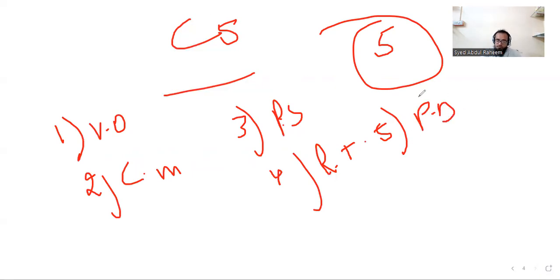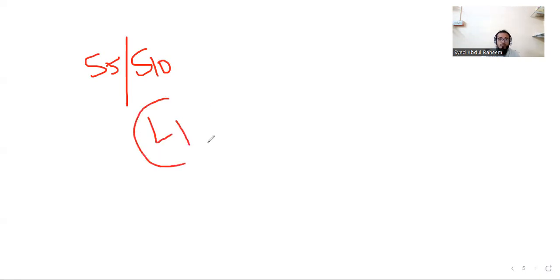Okay, so it will work on metabolism, and the segments which are used in D5, alternately it will work with the help of S5. So what are the other remedies you can choose along with C5? That is S5, or if you want, S10. Because of metabolism you have to choose L1 also.